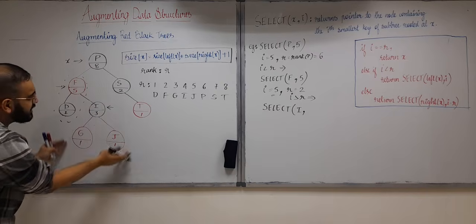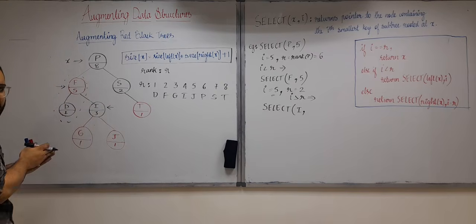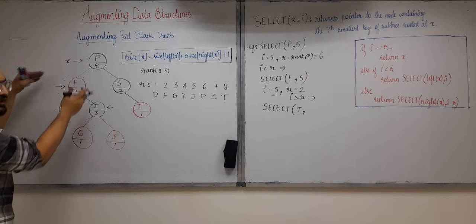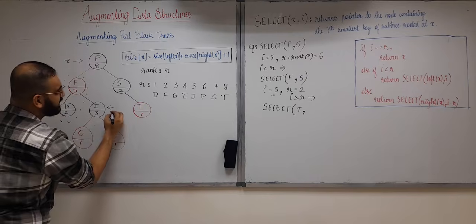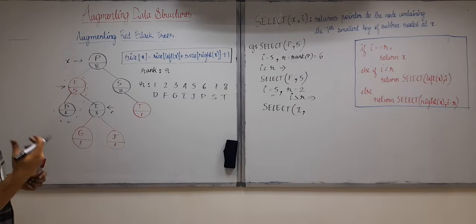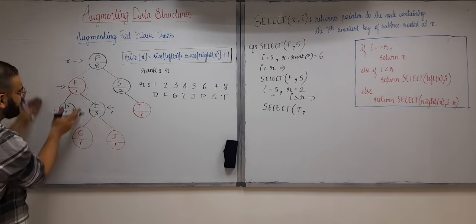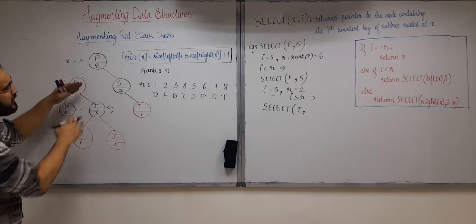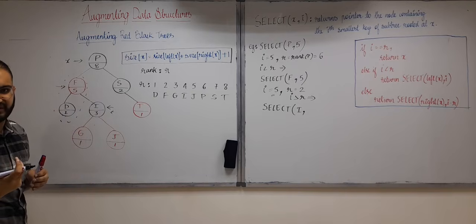So we need to discard those nodes in our calculation and consider a new subtree. When we were looking for the fifth smallest element, we were also considering these nodes. But as we are now going to the right subtree, these nodes are no longer under consideration.